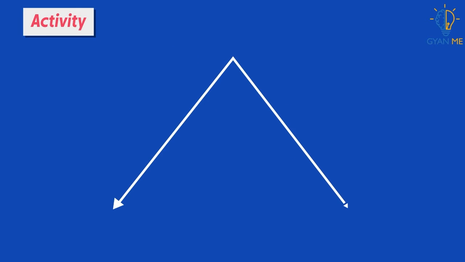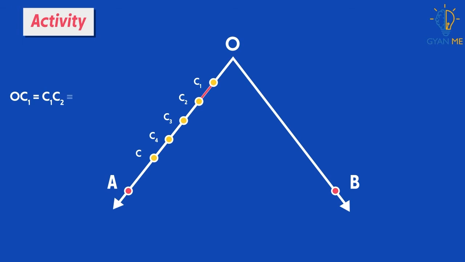So let's make an angle, say AOB, and mark 5 points C1, C2, C3, C4 and C on arm OA such that segment OC1 is equal to segment C1C2, which is equal to segment C2C3, which is equal to segment C3C4, equal to segment C4C.